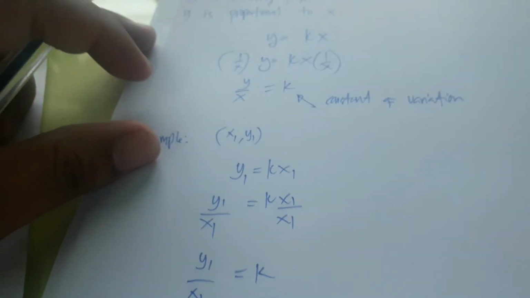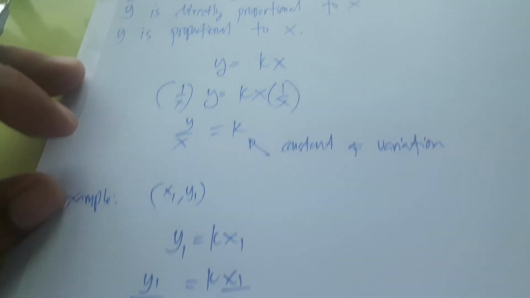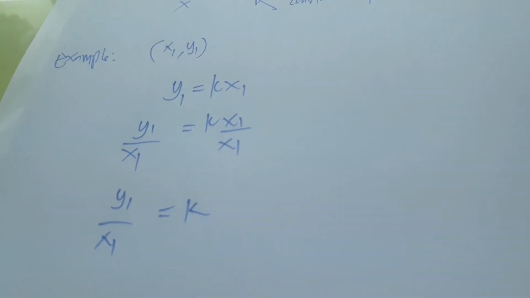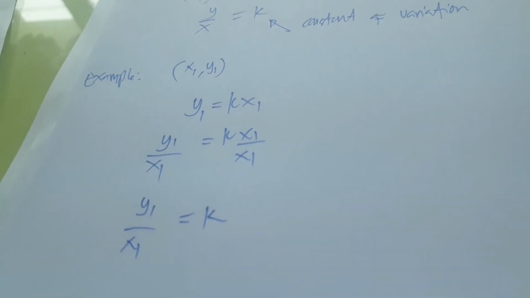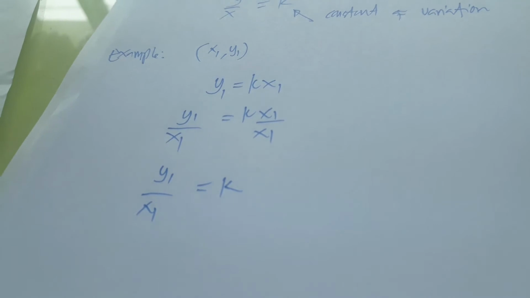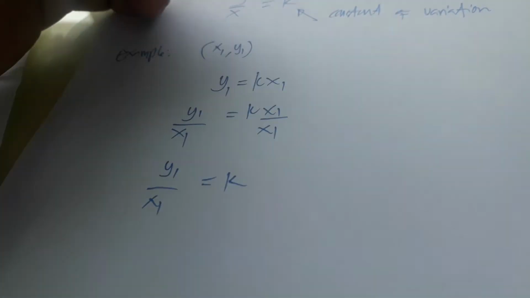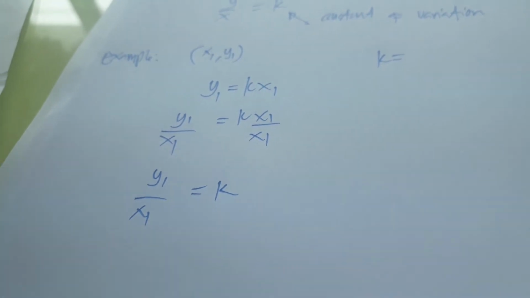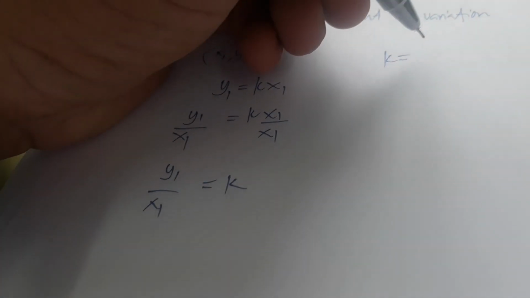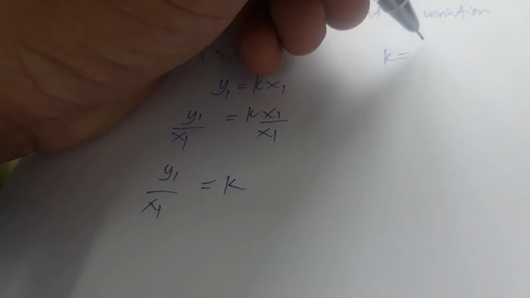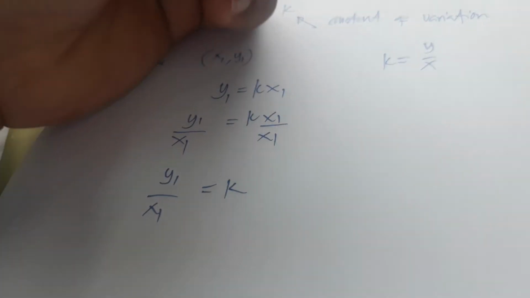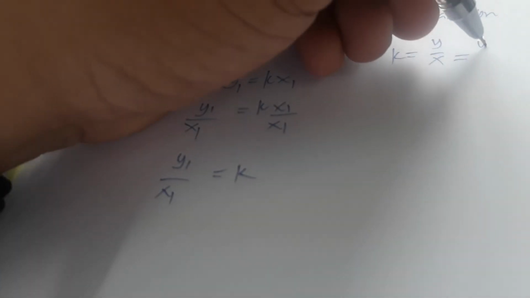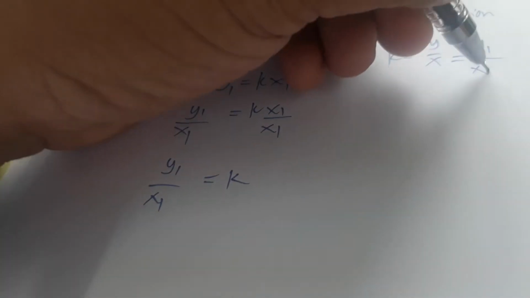In direct variation, if the ratio is the same, that is direct variation. So in conclusion, k should be constant because they are of the same value. Generally you have y over x, and the same value for the ratio y subscript 2 over x subscript 2.